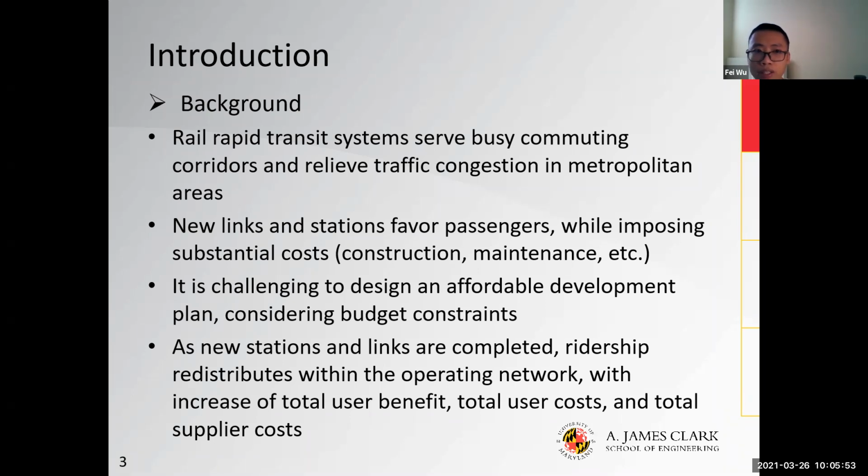When there are new links and stations available for passengers, they can reduce the travel time of passengers, but they also impose substantial costs like the maintenance and construction. So it will be challenging to design an affordable development plan for operators while considering various budget constraints internally or externally.